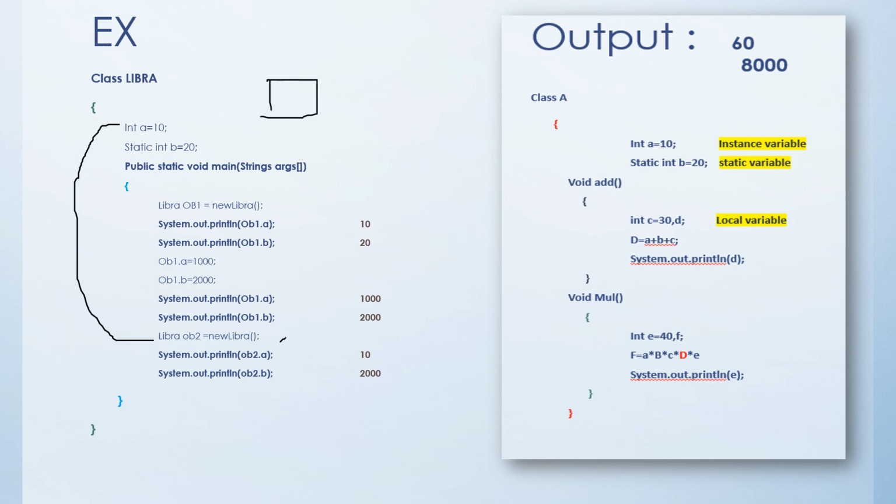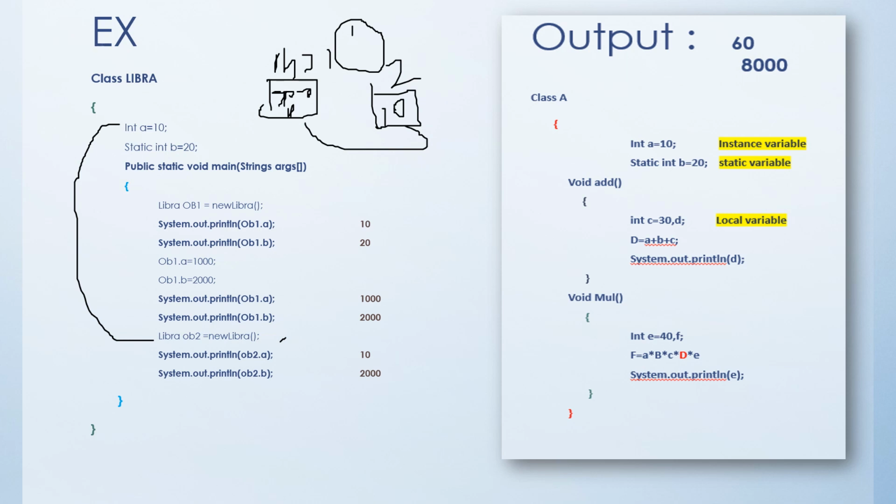If a is equal to any value, if this one is object 1 and this is object 2, when a is equal to 10, 1000 will be there, and for the new object it gets the default value of 10. But a static variable won't be stored in this object, it will have a different storage.